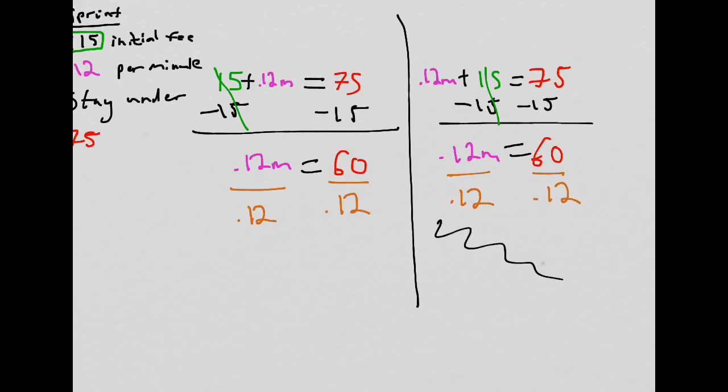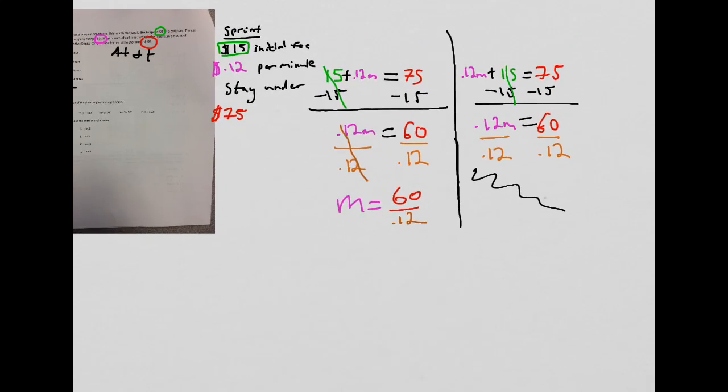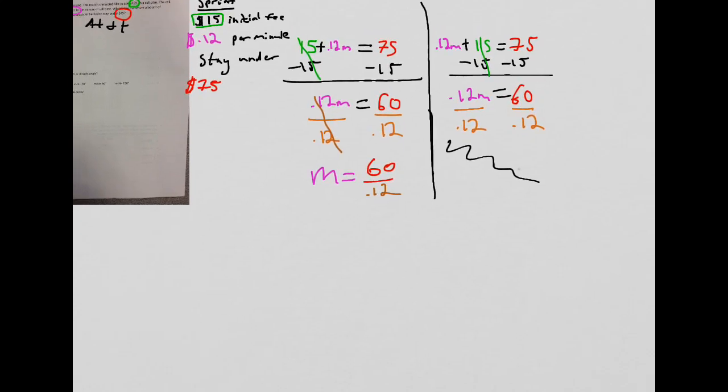Now, since it's obvious that this is the same as this, I'll just go ahead and do this one right here. Okay. I know that these cancel here, so I'm left with m is equal to 60 divided by 0.12. Okay, now here's the tricky part, dividing by the decimal. But let's break it down.